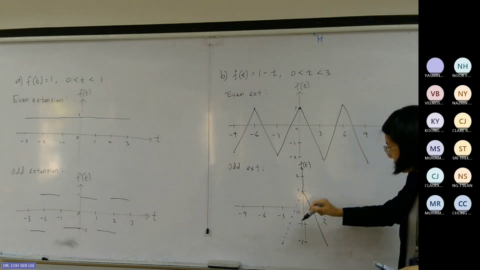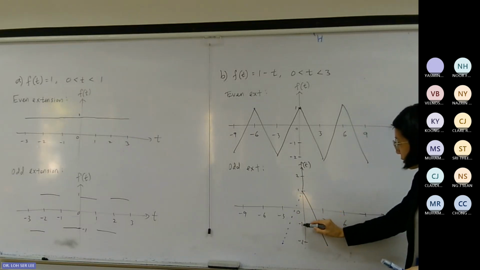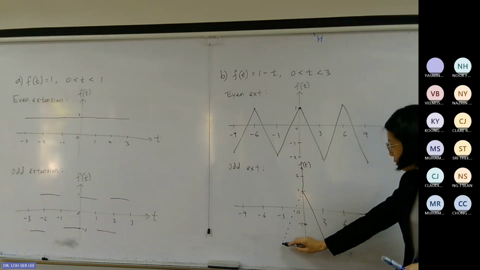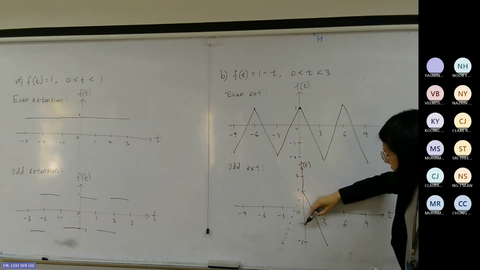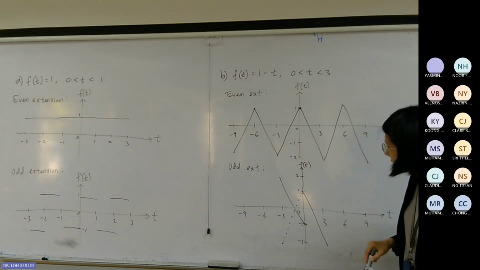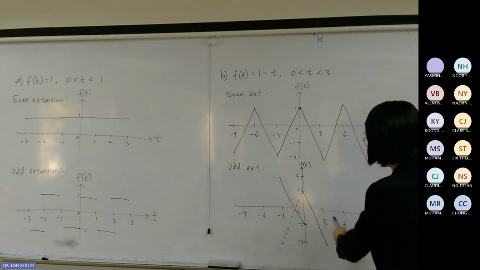Okay, when this is reflected through the x-axis, this point 1 will be -1. Here, this point -2 will be 2. So you just connect these two with one straight line. Okay, so this is the odd extension. Then copy, paste it here.